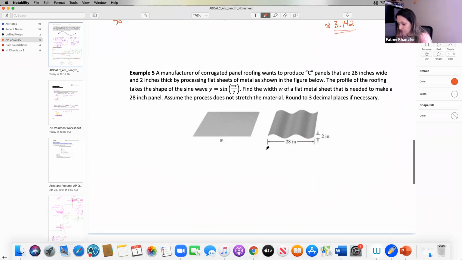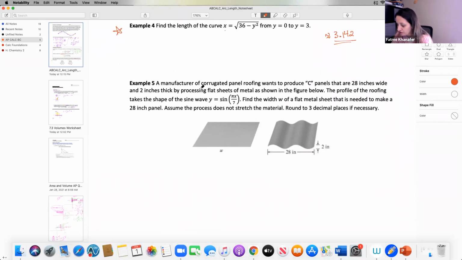All right, which brings us to our last example. A manufacturer of corrugated panel roofing wants to produce C panels that are 28 inches wide and 2 inches thick by processing flat sheets of metal as shown in the figure below. The profile of the roofing takes the shape of the sine wave y equals sine of pi x over 7.